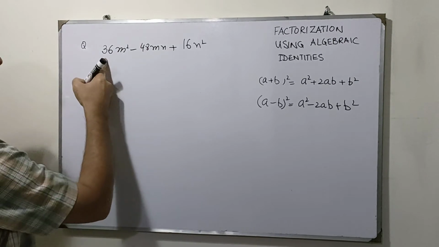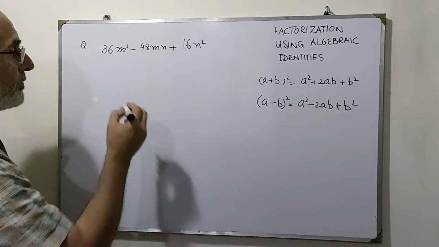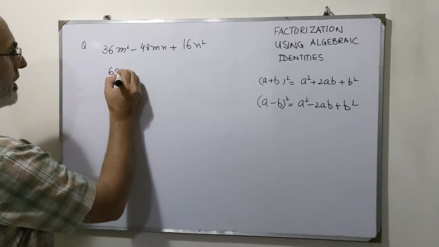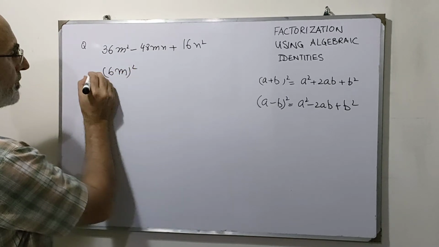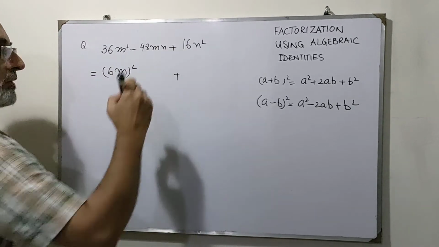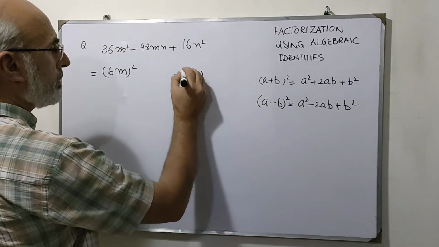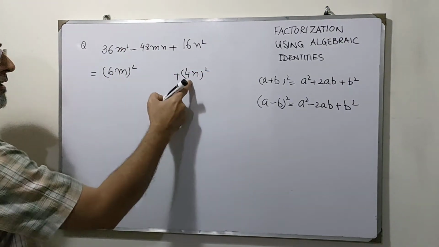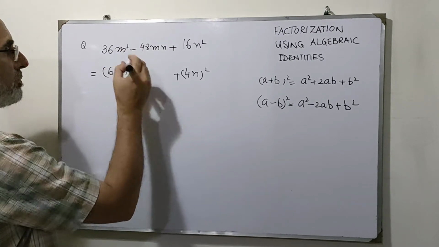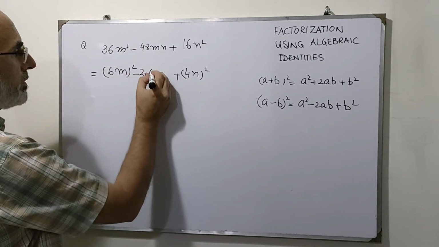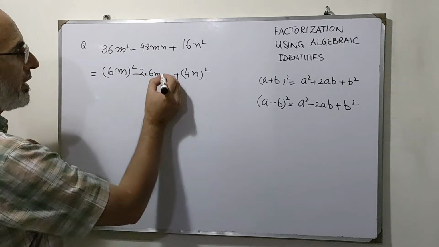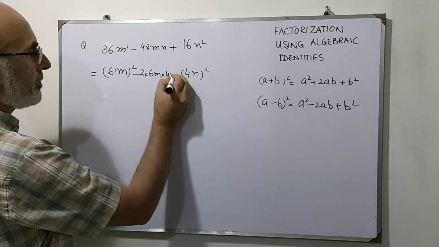So 36 is the square of 6, so 6m whole square, plus 16 is the square of 4n whole square. So we have a, we have b, minus, because this is minus, 2 into 6m into 4n.